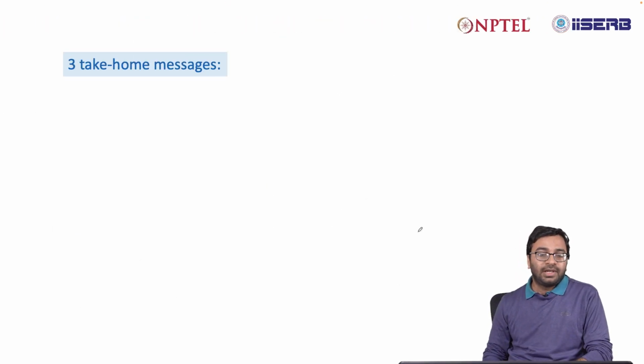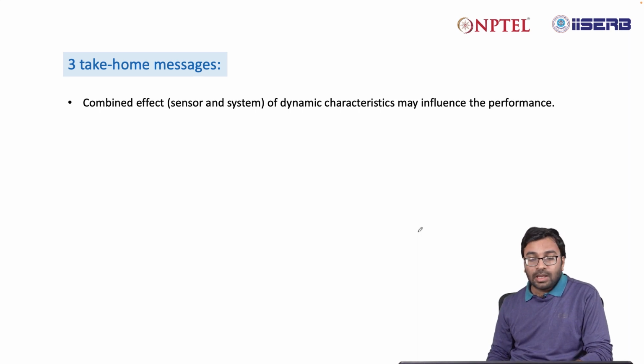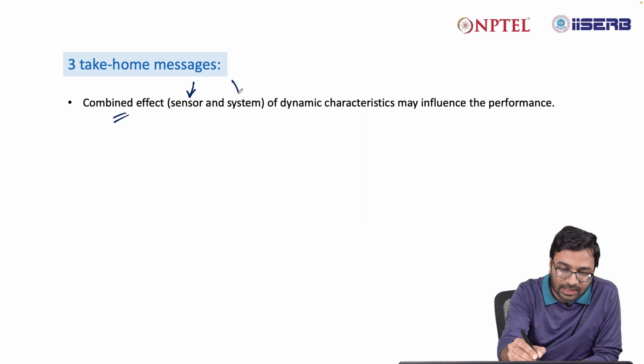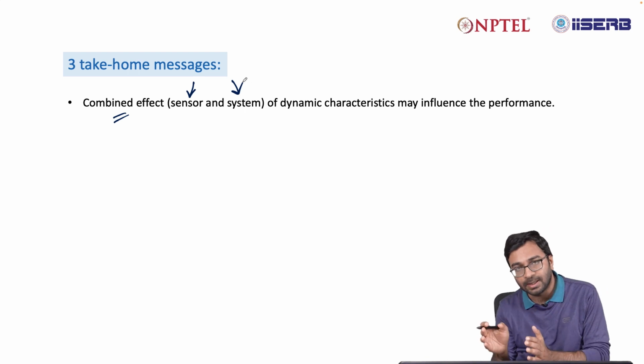So we have 3 take-home messages from this lecture, like all the other lectures. So combined effect of dynamic characteristics may influence the performance. When I say combined effect, I mean the effect of sensor and the system. So usually you have dynamic characteristics for both sensor and system.